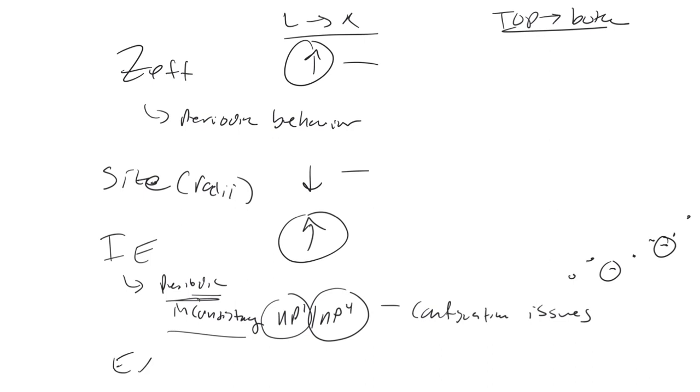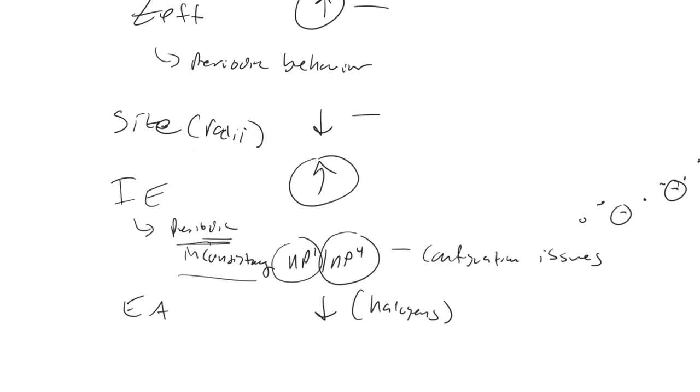And then electron affinity becomes more negative. More negative is smaller towards the halogens. The most positive group, though, the highest group, would be the noble gases. So we go more negative towards the halogens, and we reset with the noble gases.